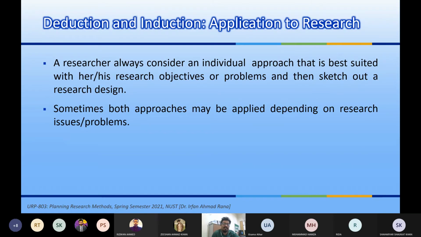So that is a kind of deductive way of thinking. On the other hand, because of the rapid evolution and exponential change in how we are managing our cities, new theories or concepts are also emerging. So theories are also being built. So inductive reasoning is also very important in social sciences.